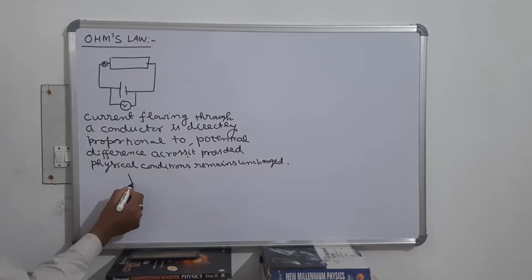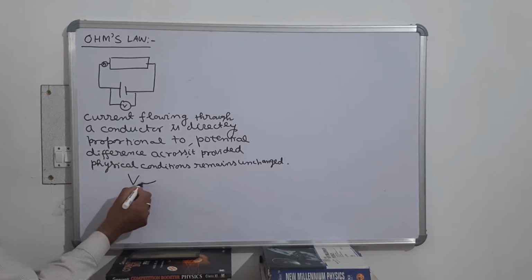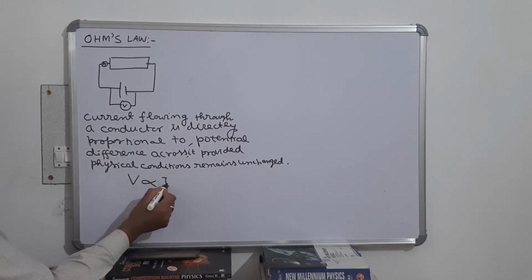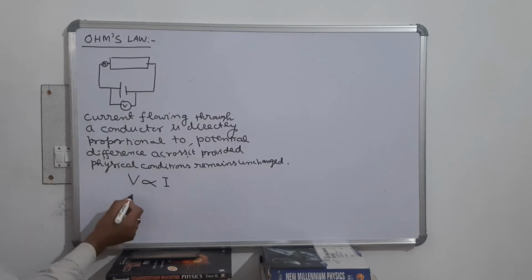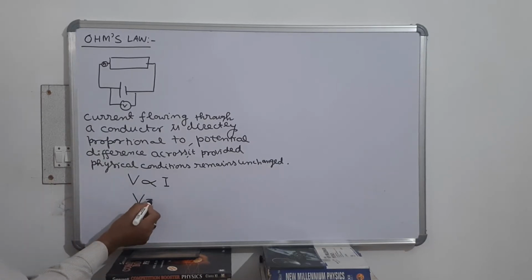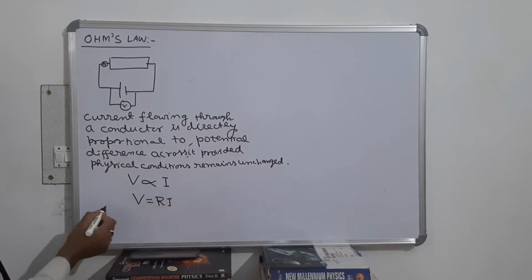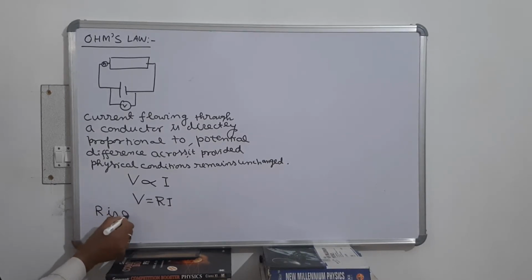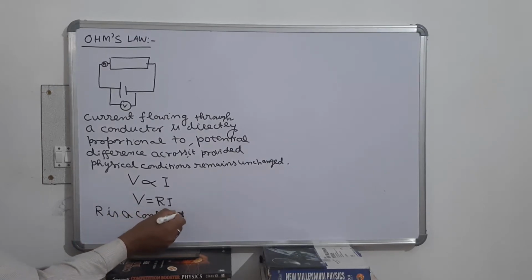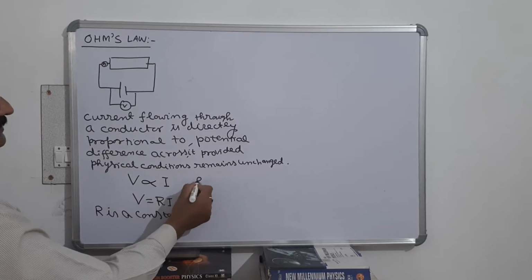Mathematically we can write V proportional to I. You can also write it as V is equal to a constant of proportionality R multiplied by I. V is equal to R I. Here R is a constant and it is called the resistance of the conductor.